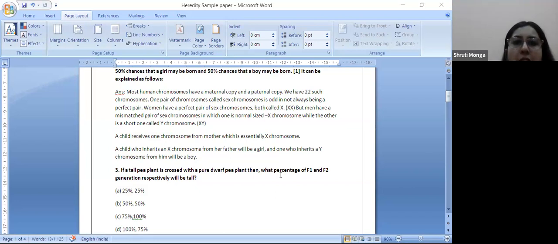Okay, Shivansh and Hriday. Okay, Shivansh has replied. But Shivansh, you need to send me the picture also of where you solved it.